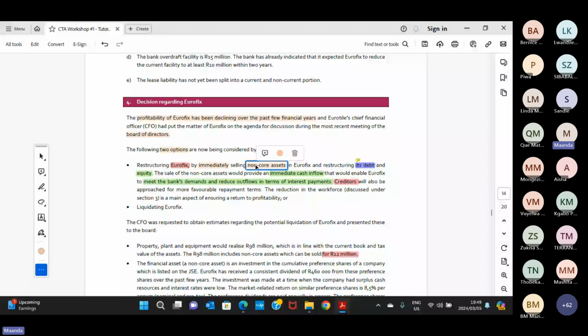One, have you found a buyer for that? Because you are confident that these are going to go for 12 million. How sure are you that when we sell this non-core asset, which you want to sell immediately, we are still going to receive 12 million? Have you identified the buyer?